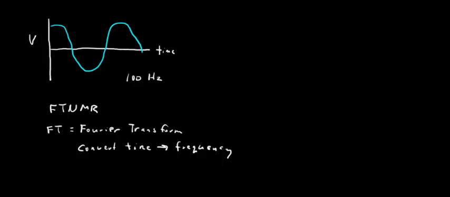So if we convert time to frequency, that means that when we plot frequency on this axis instead of time, we're going to get a single peak known as a resonance. Okay, so we're going to plot frequency versus intensity now.